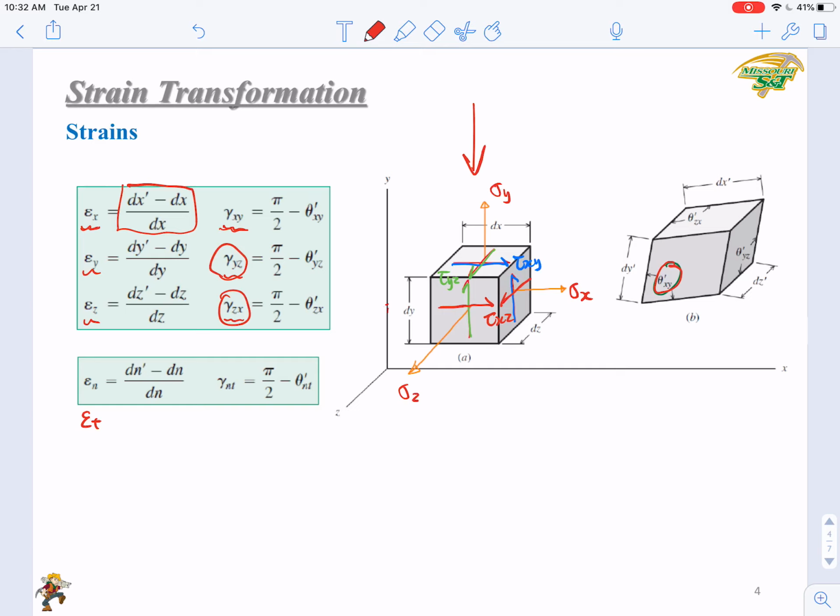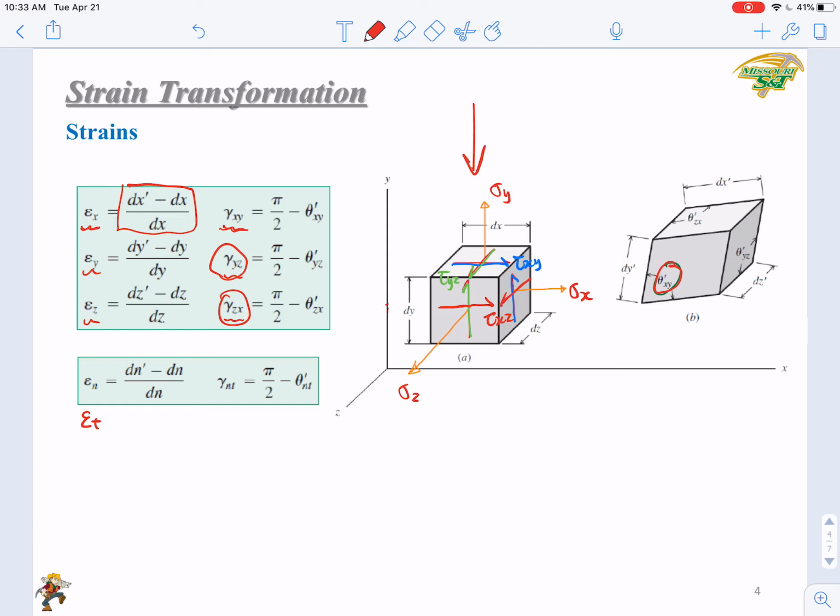If we know epsilon x, epsilon y, and gamma xy, and we know the angle of rotation, can we find epsilon n, epsilon t, and gamma nt in similar ways to the stress transformation? Those are the questions we will answer in the next several slides.